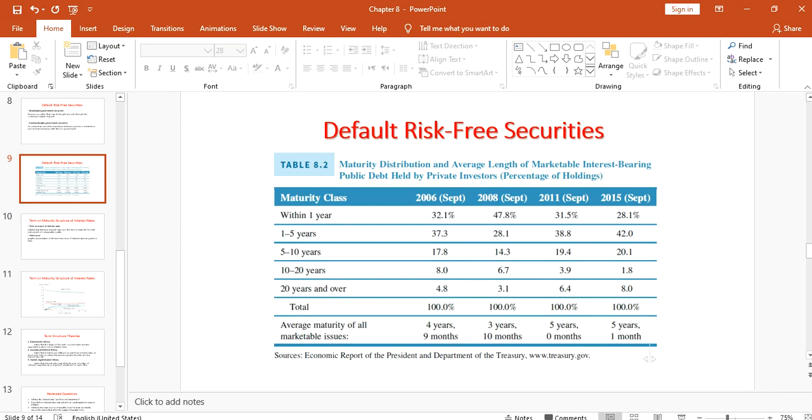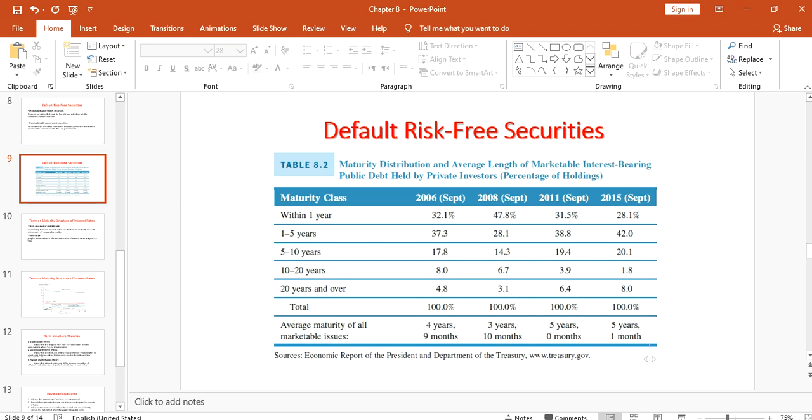For example, you need to borrow some money for 1 year. You are not going to buy a 10 years maturity bond. Why? Because it's a little bit cheaper? No, you are not. You need money for 1 year. Why would you be holding a bond, borrowing for 10 years?